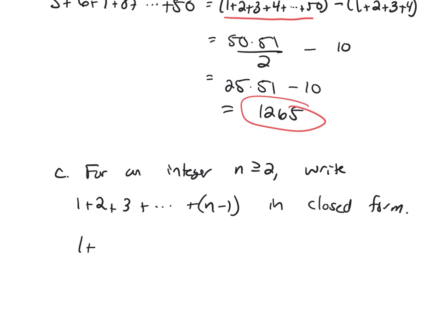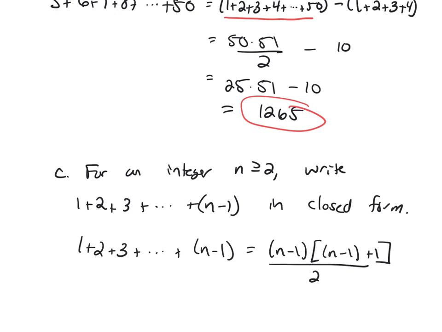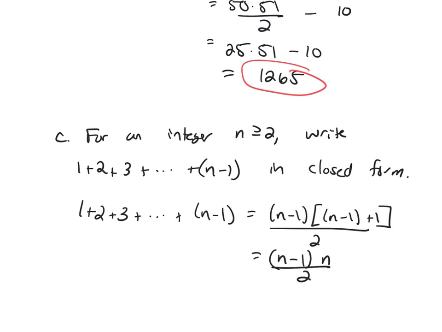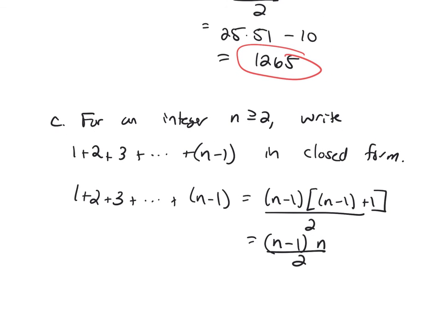So take the formula that we've been using and replace n by n minus 1. So n minus 1 times n minus 1 plus 1 over 2. So this is n minus 1 times n over 2. That would be the closed form formula for this summation.